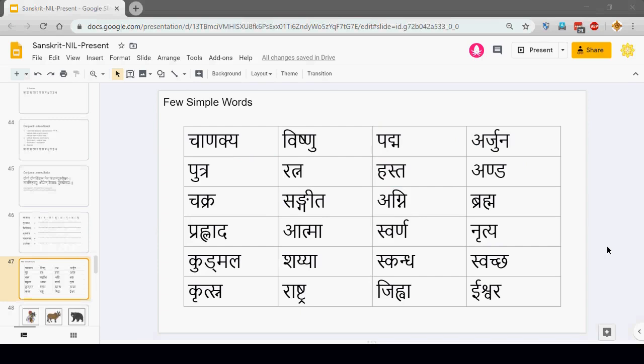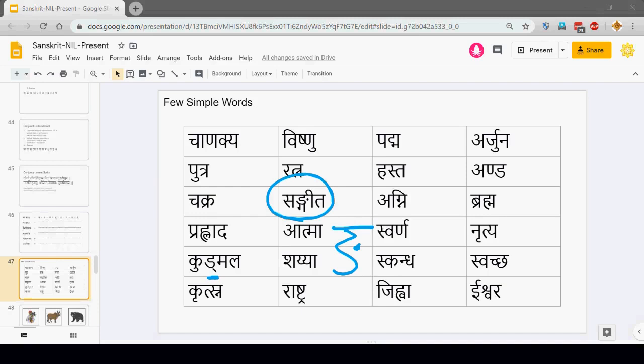Kunmala. Okay. What did you read this one? Kundmala. So see the difference here in the letter. The one written here is with a dot, and here there is no dot.